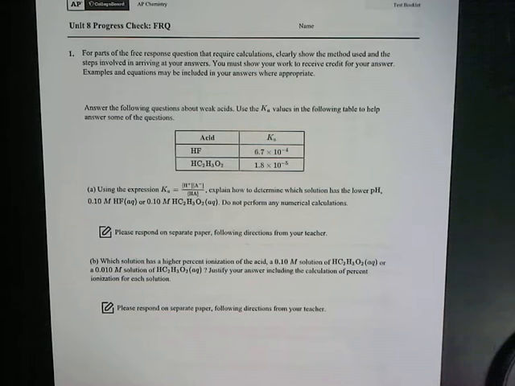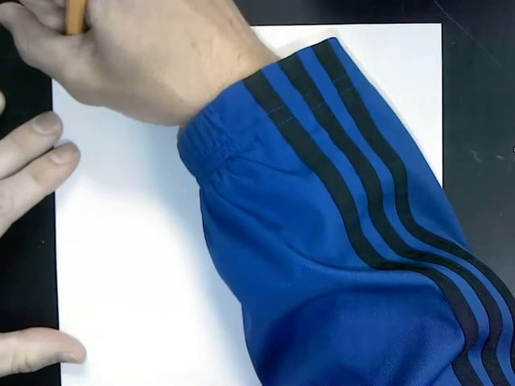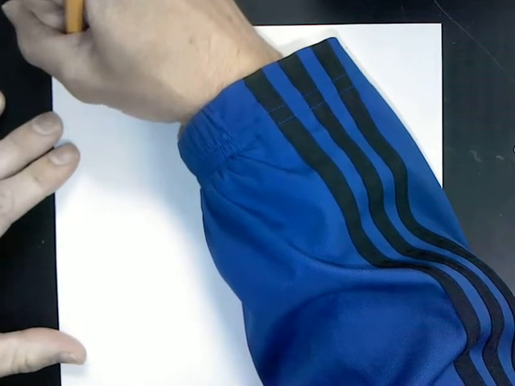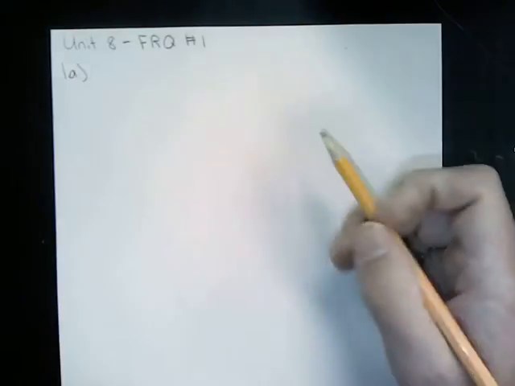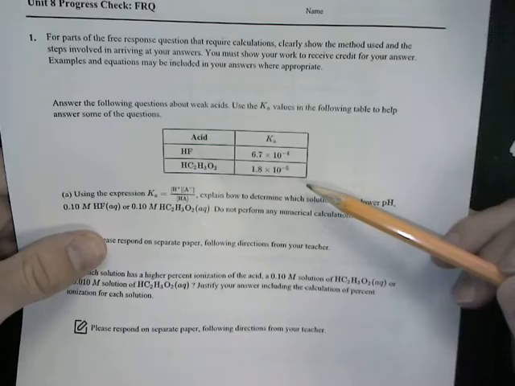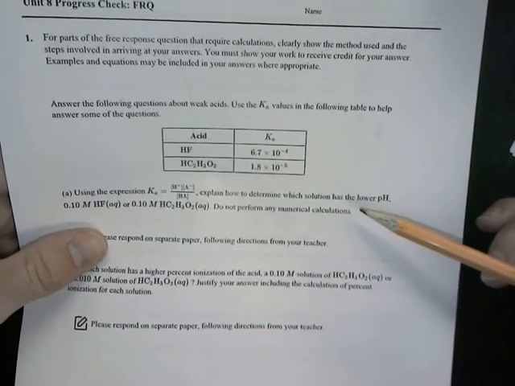So we start out here, and I'm going to transition to my answer sheet, and I'd like you to write your answer on a separate piece of paper as well. I'll start out here with 1A. So we take a look at our chart, and it says, using the Ka, which one will have the lower pH?